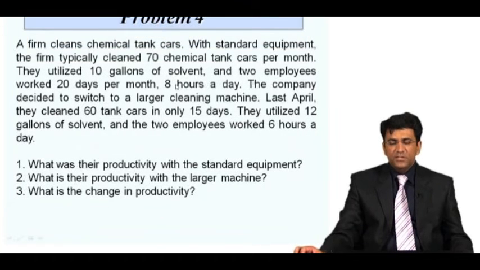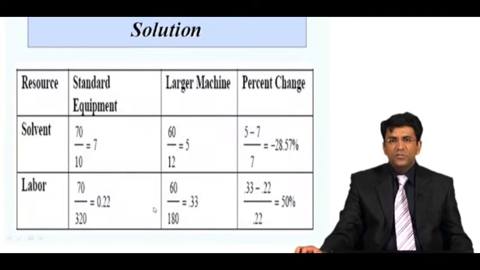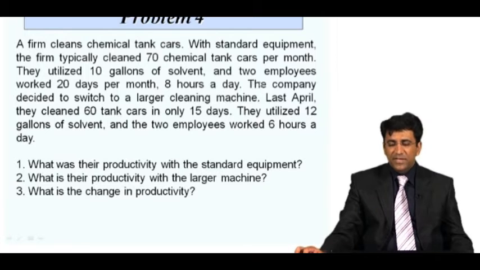Now students, if you are interested to calculate the labor productivity, in this particular case the output will remain the same before and after the use of that larger machine. So with the use of standard equipment, the output is 70. And what is our labor hours? Now you can calculate the labor hours because the information given in this example is that 2 employees worked 20 days per month and 8 hours a day.